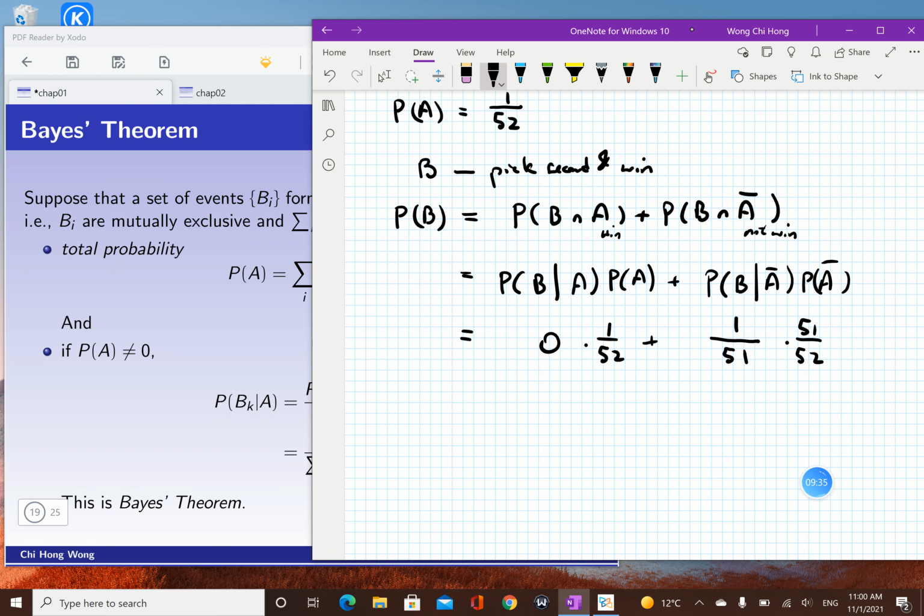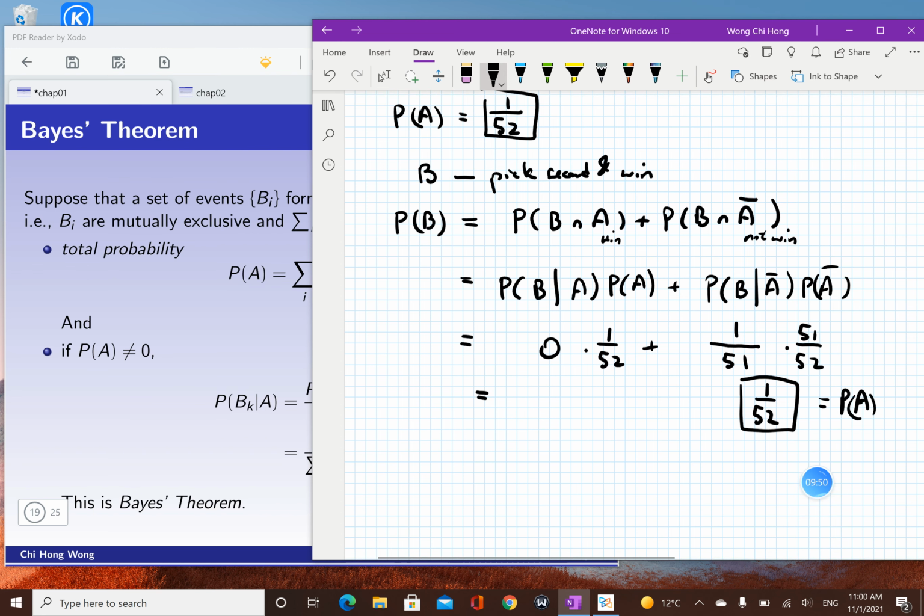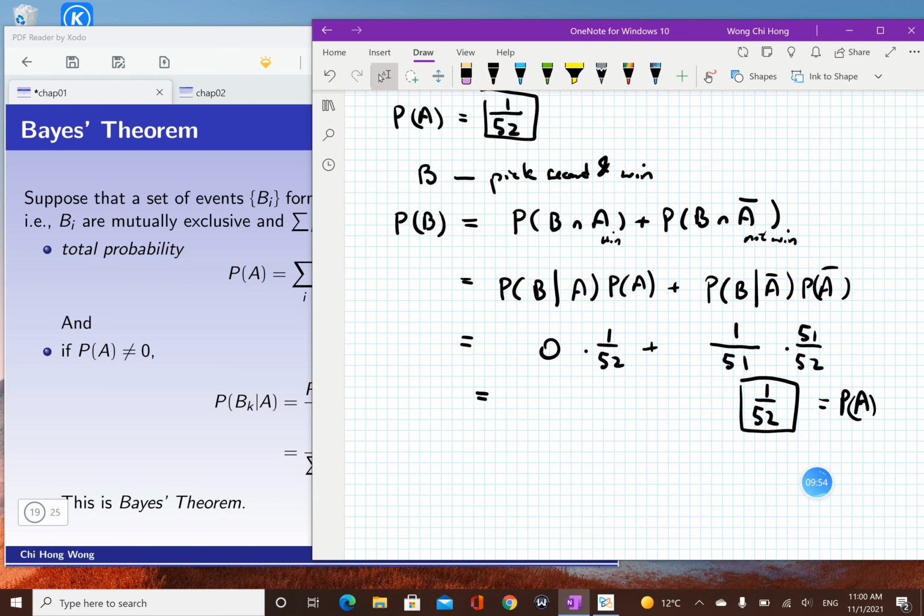Of course, the first term is just 0, but the second one gives you 1/52, exactly the same as before. So according to our calculation, it doesn't really matter whether you go first or go second.